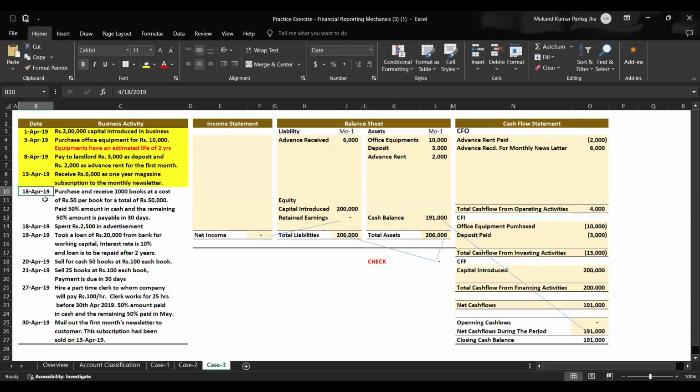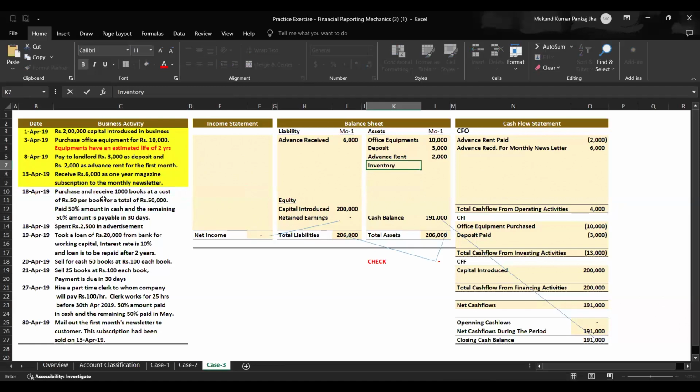Purchase and receive 1,000 books at a cost of 50 per book for a total of 50,000. Paid 50% amount in cash, 50% amount is payable in next 30 days. Tell me where we will record this entry. Very good. Inventory.